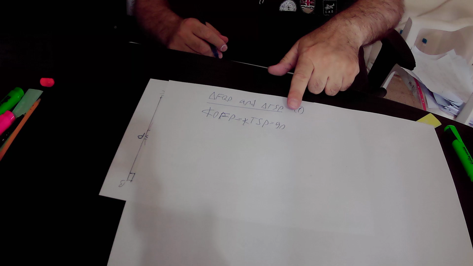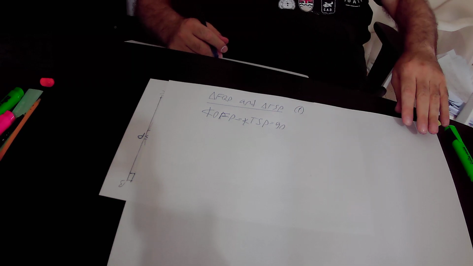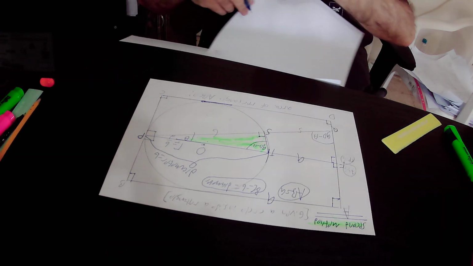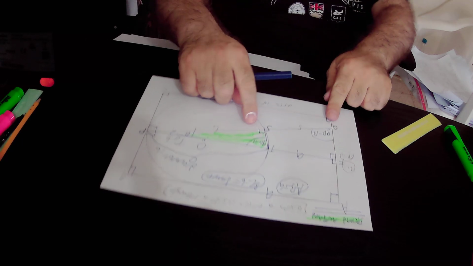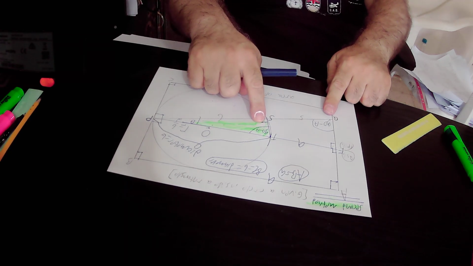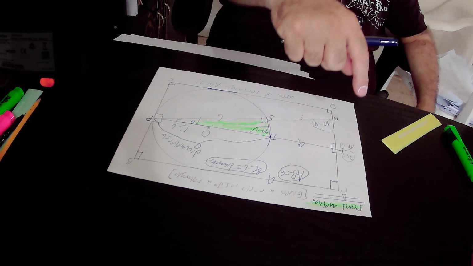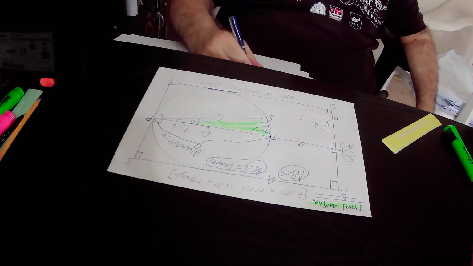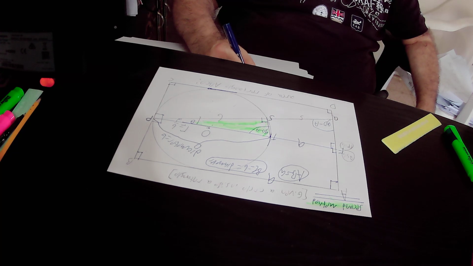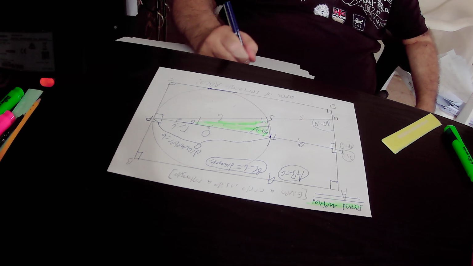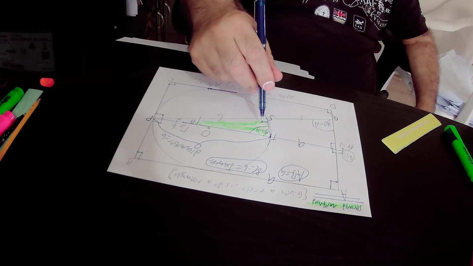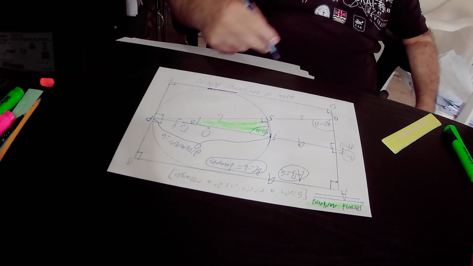They are both equal to 90 degrees, therefore they are equal to each other. In addition, those two angles are both equal to 90 degrees minus theta, therefore they are equal to each other. So this angle, it is actually angle FQP, is equal to this angle, that is actually angle STP.